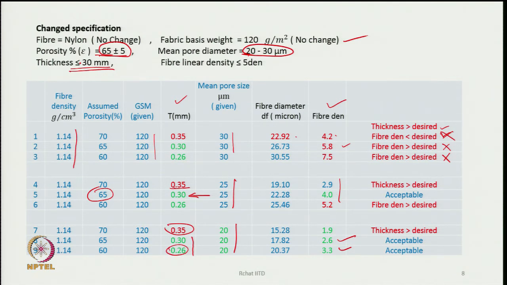It will give you the right kind of mean pore diameter and porosity, everything is going to meet. Fiber linear density also is going to meet, thickness value also it is going to meet.